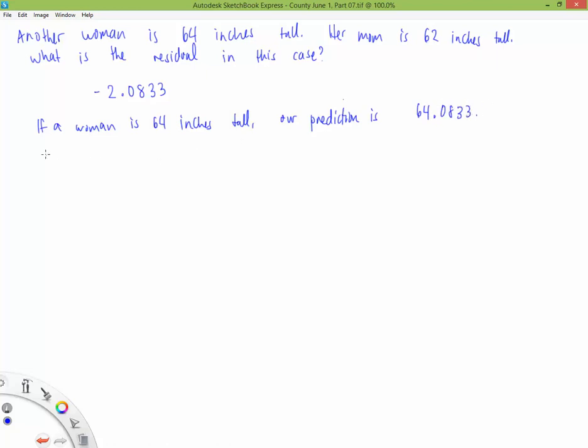So if the mother's height is 62, the residual is equal to 62 minus 64.0833, and you get negative 2.0833.